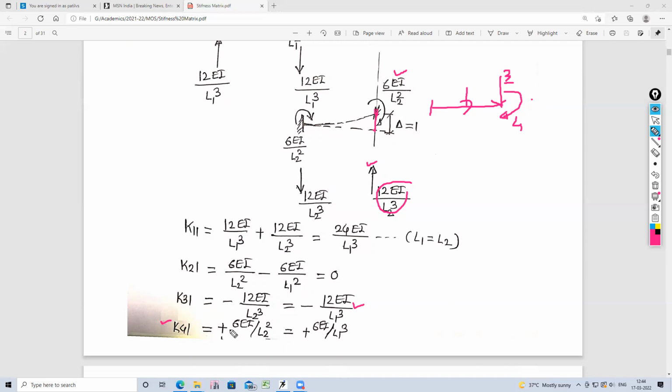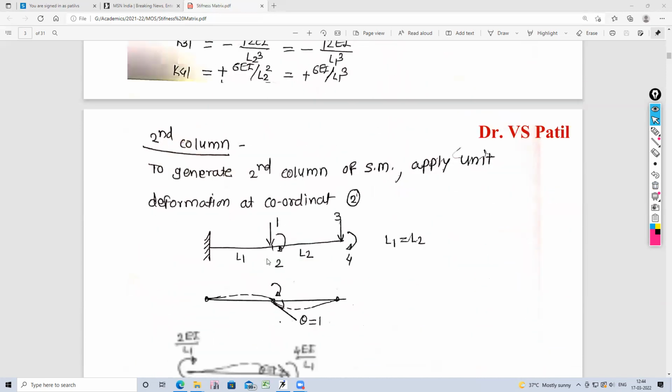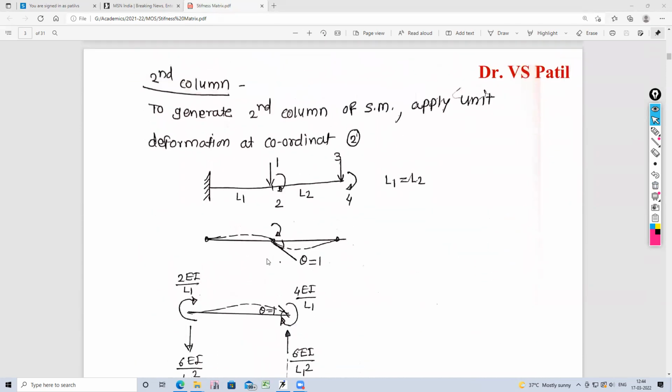So this will be positive 6EI upon L2 square. We substitute L2 equal to L1 so that all the elements are in terms of L1 only. So these are the four elements in the first column of the stiffness matrix. Then we'll go for the second column.